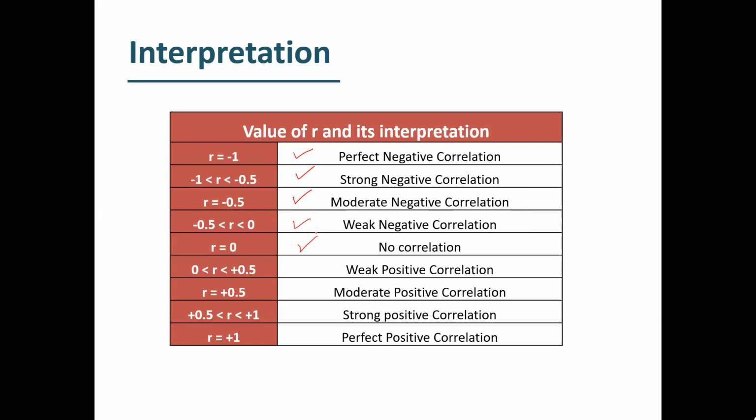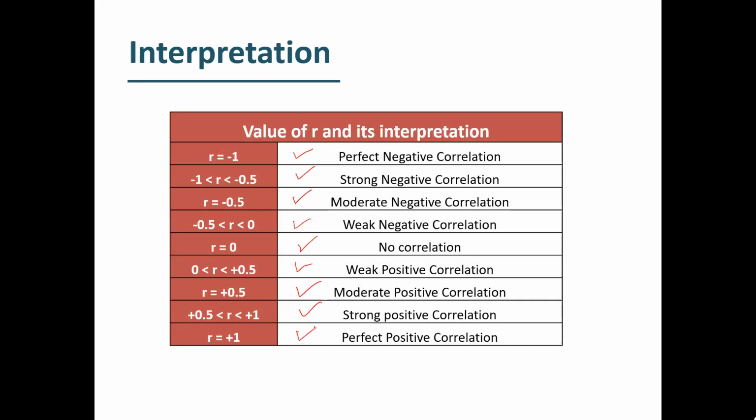If r is 0, there is no association; both variables are independent of each other. Between 0 and 0.5, weak positive correlation. At 0.5, moderate positive correlation. Between 0.5 and 1, strong positive correlation. At +1, perfect positive correlation.